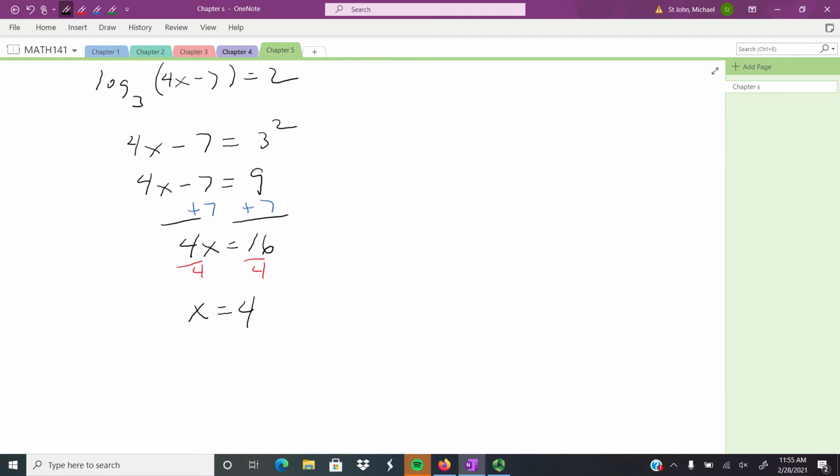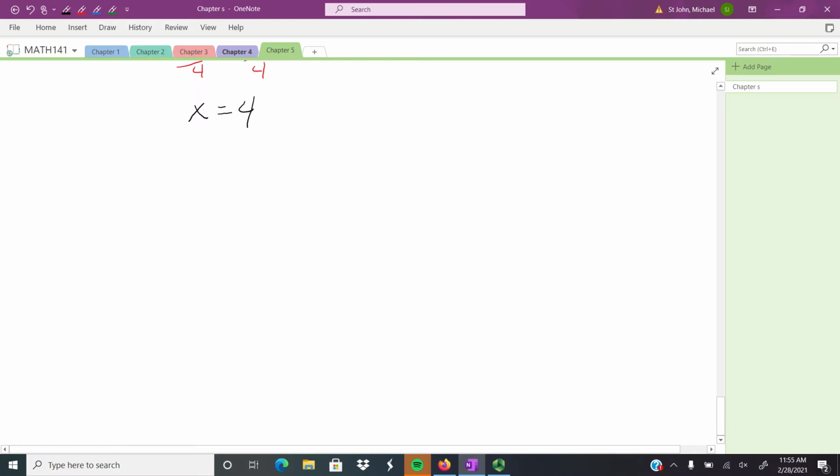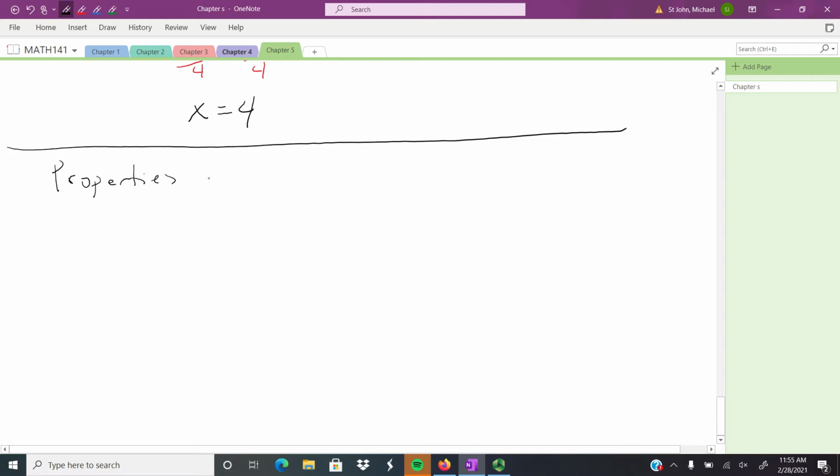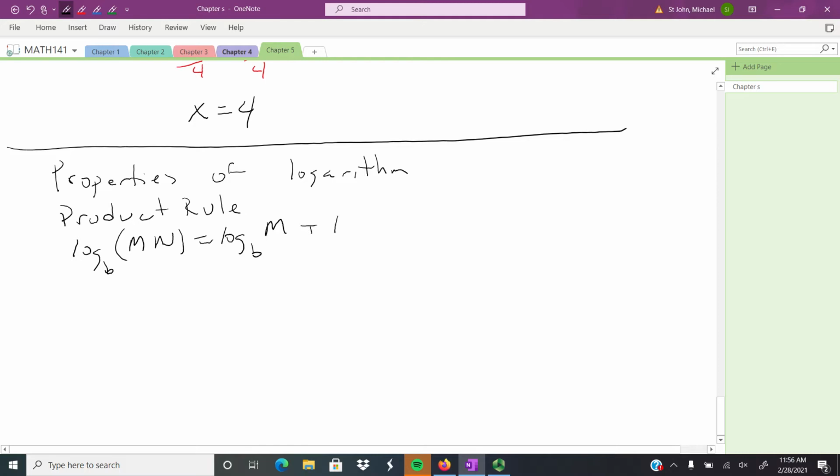Well, then in terms of properties of logarithms, there are several they talk about. So we have the product rule. Log base b of m times n is the log base b of m plus log base b of n. Right?